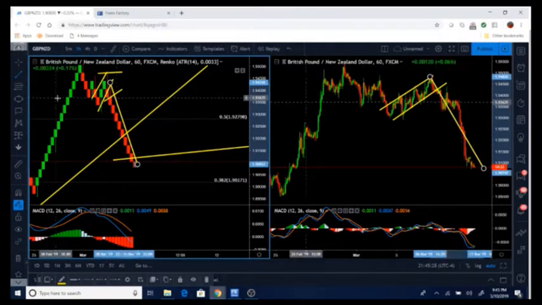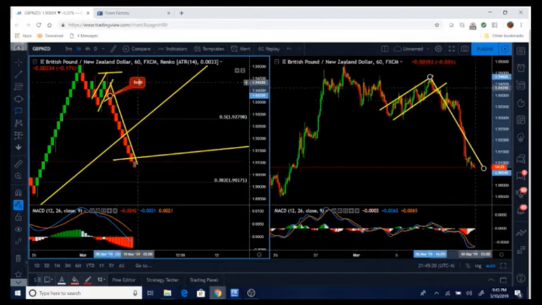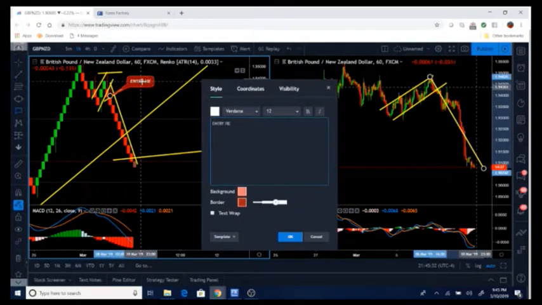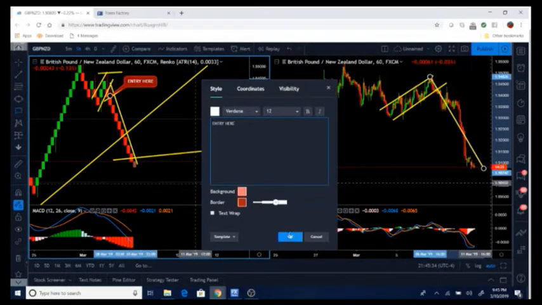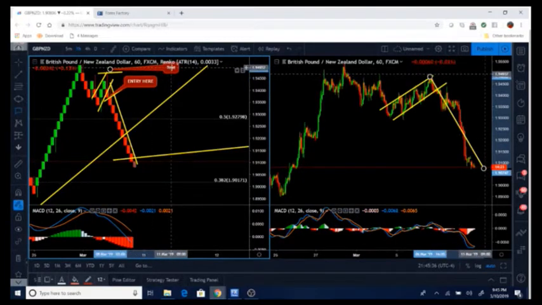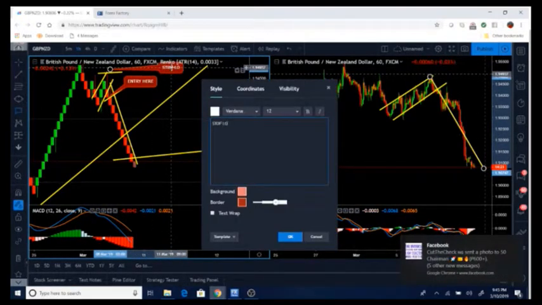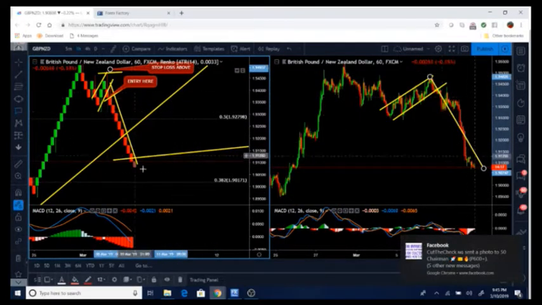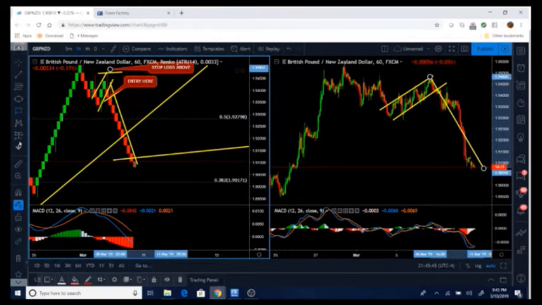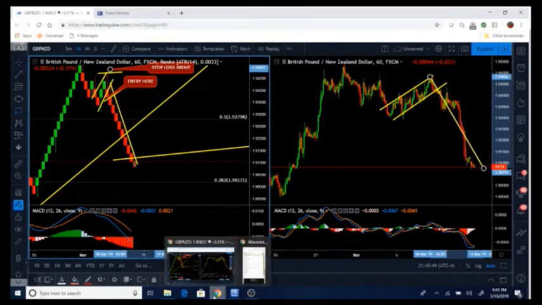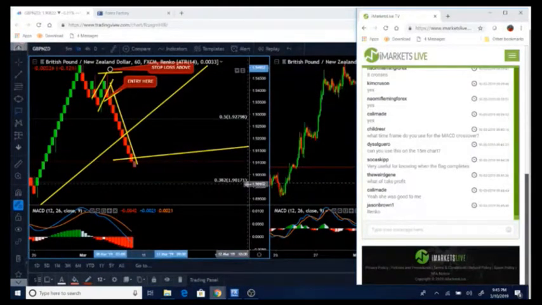I get my entry there. Stop loss above. And then, boom, you move to the same downside, right? I don't have to worry about all this choppiness, all this up and down, driving me crazy.